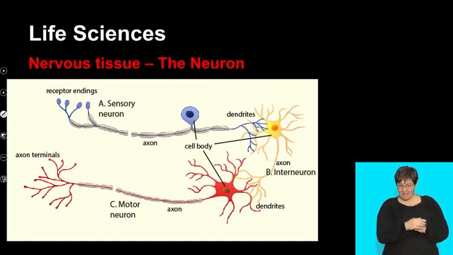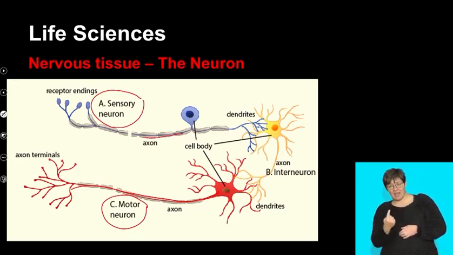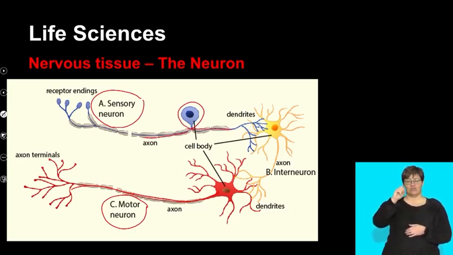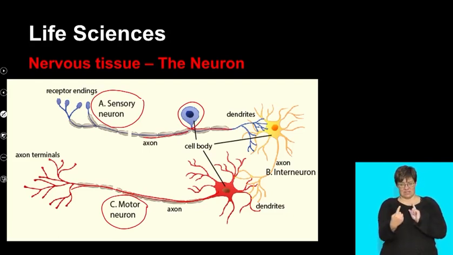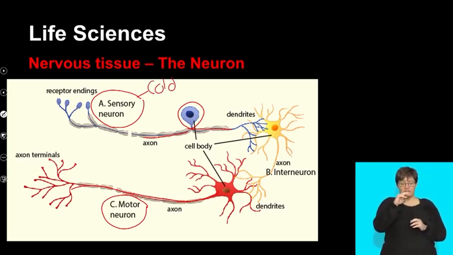But the one thing you do need to see is that there are actually three types of neurons. What we're looking at here is a motor neuron. And another is a sensory neuron. And you will see they have a slightly different function. Basically what happens is the following. Say, for example, it is cold outside. Your sensory neuron will tell you it's cold.